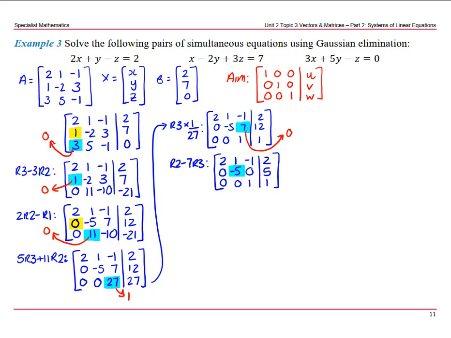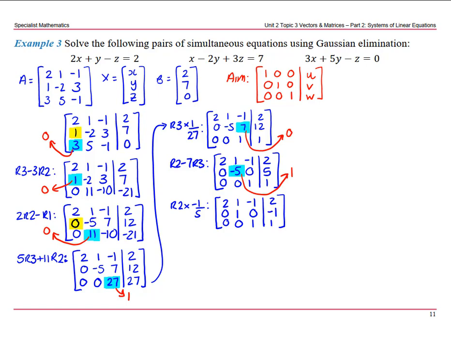Now we can multiply our second row by negative 1 over 5 to make that negative 5 into 1. So our first and third rows are staying the same. Negative 5 times negative 1 over 5 is 1. 5 times the negative 1 over 5 is negative 1.